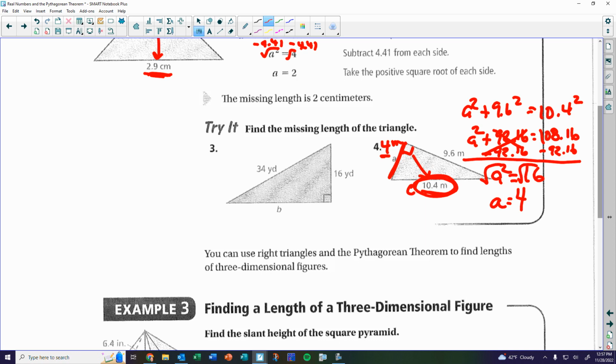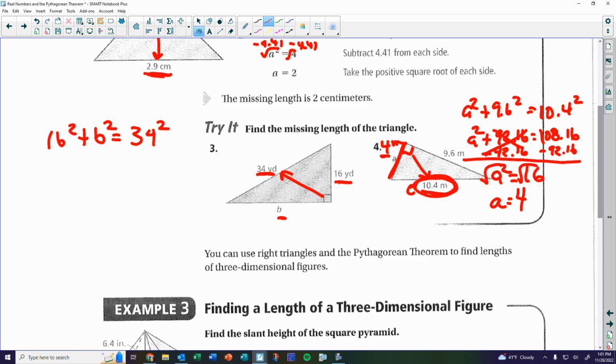So I want you guys to try number 3 now. Looking for b, so you can see opposite side of the right angle, we're finding one of the legs. So find the missing leg. I'm going to pause again here. Yeah, it's 30. So again, this goes into the c squared spot. And again, it doesn't matter where you put. If you want to use this as your b, that's fine. 16 squared plus b squared equals 34 squared. What was 16 squared?